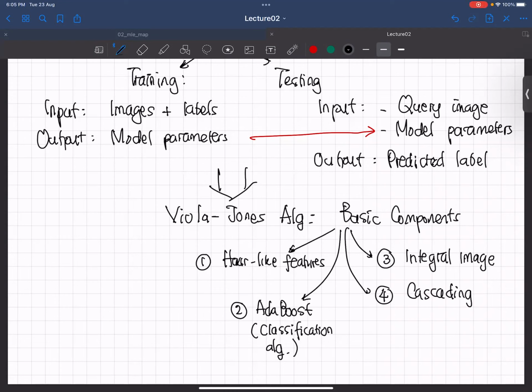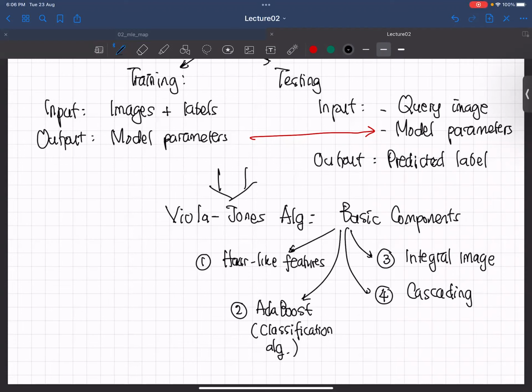These two, integral image and cascading, are for the purpose of real-timeness. If you don't want a real-time algorithm, we can have just the first two, Haar-like features and AdaBoost.